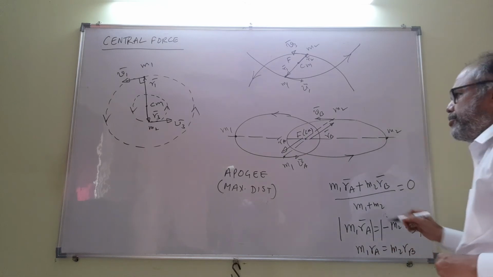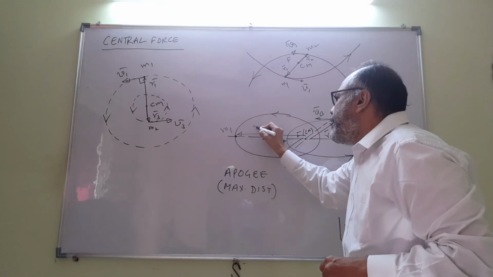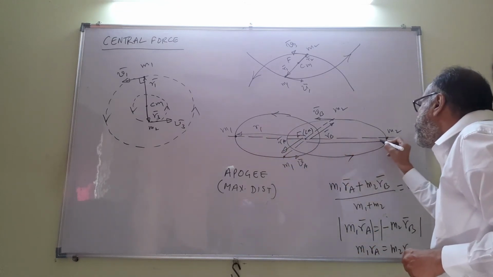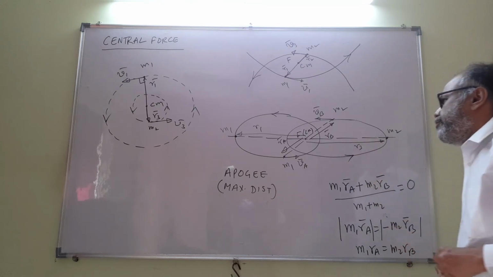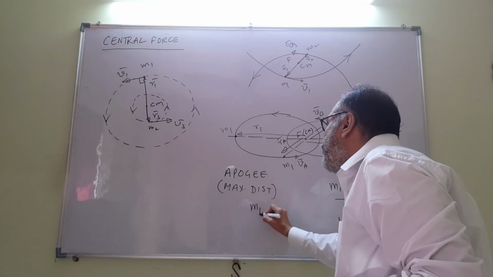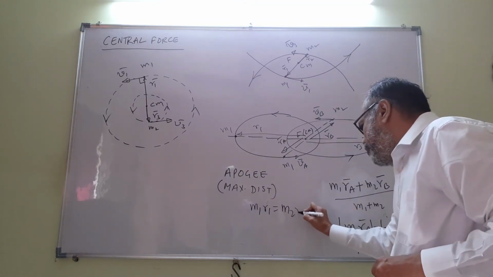Let us say the distance from the foci is R1 and the distance of this M2 be R3. So we can say for the apogee position M1 R1 is equal to M2 R3.